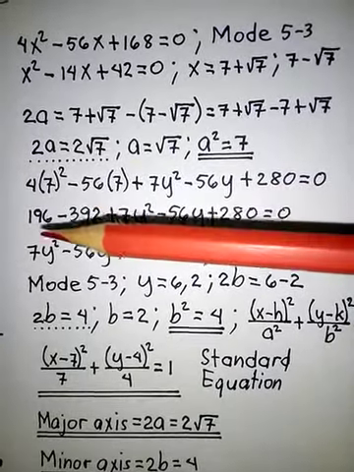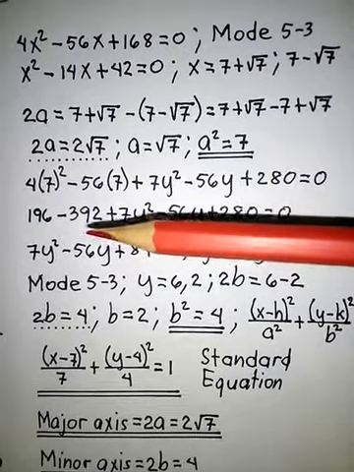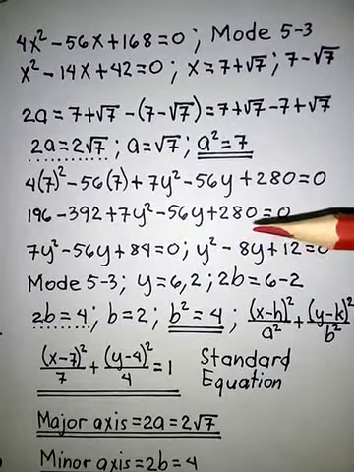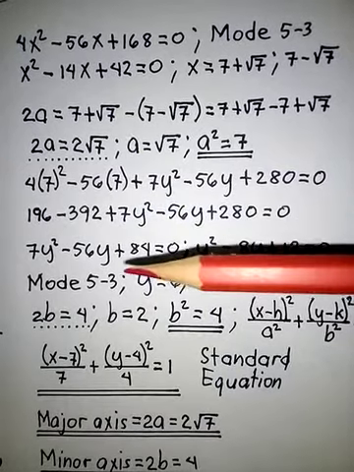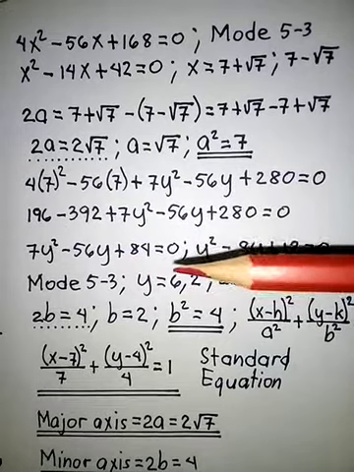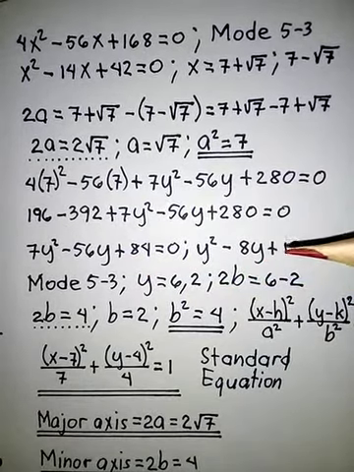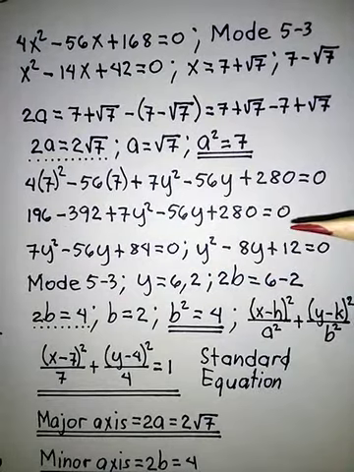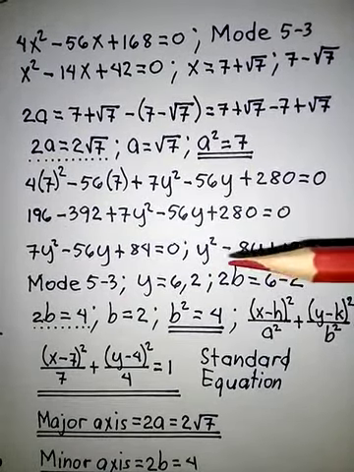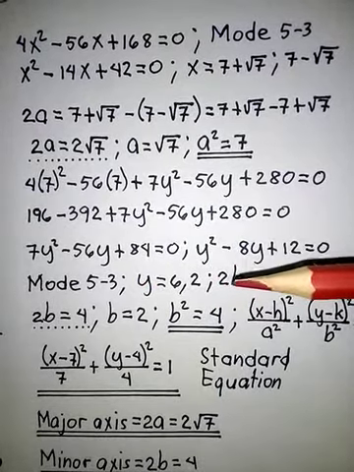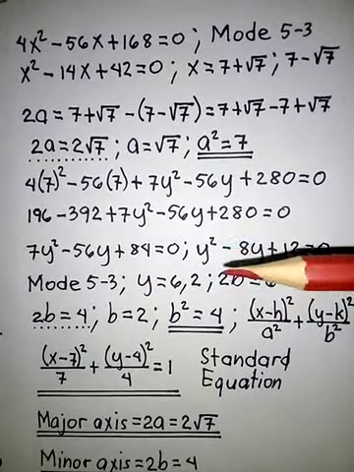Simplifying, we have 196 minus 392 plus 7y squared minus 56y plus 280 is equal to 0, and we get 7y squared minus 56y plus 84 is equal to 0. Simplifying further, factoring out 7, we have y squared minus 8y plus 12 is equal to 0. Using mode 5.3 of our calculator, we will get y is equal to 6 and y is equal to 2.